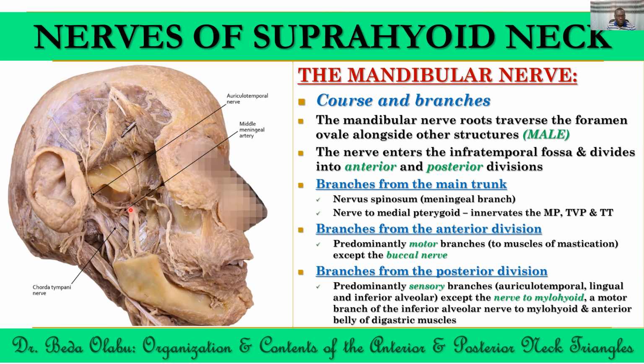The auriculotemporal nerve, which is that one, supplies the skin of the scalp on the lateral side of the scalp there, but also supplies some part of the ear. And remember, it's also general sensory to the parotid stromal tissue. This is the very same nerve that also receives the postganglionic parasympathetic fibers from the otic ganglion to supply the parotid gland.